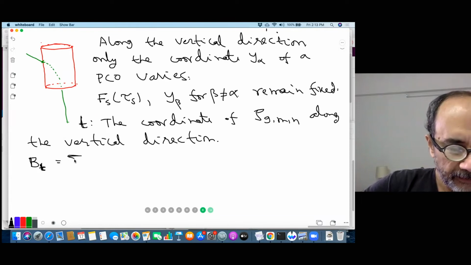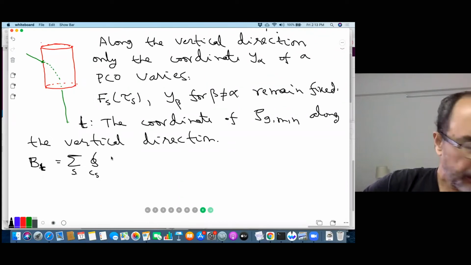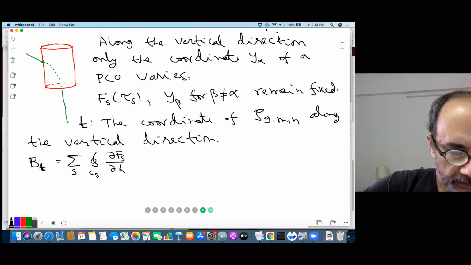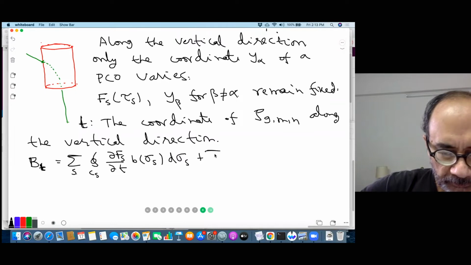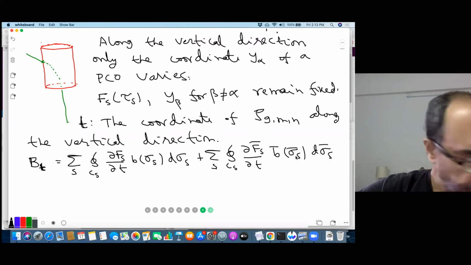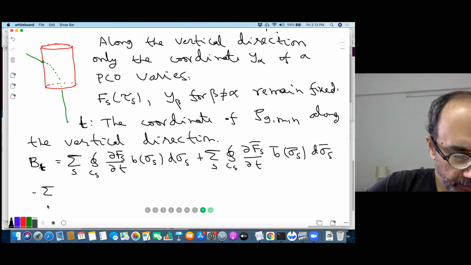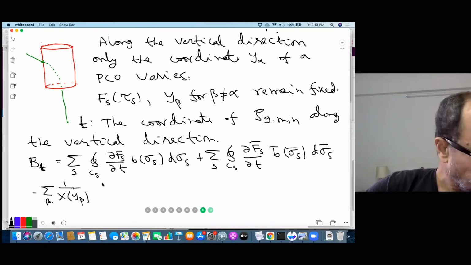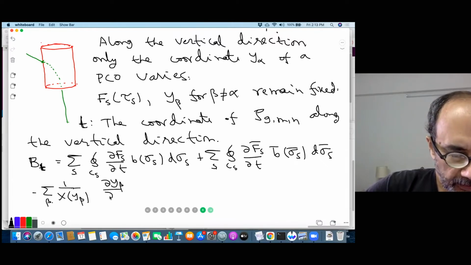Let me write the general definition first: integral over C_s of del F_s del t B sigma_s d sigma_s, plus sum over s of integral over C_s of del F_s bar del t B bar sigma bar s d sigma bar s, and then minus sum over beta of 1 over chi y beta, del y beta del t, del xi y beta.